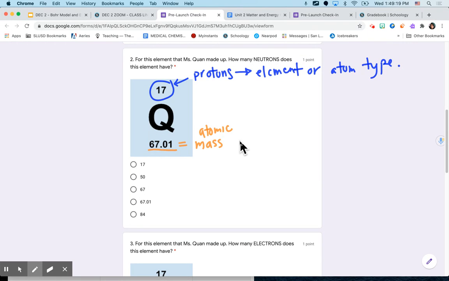And the mass of the atom is made up of two things added together: the number of protons and the number of neutrons. Let me clarify what I mean by that plus sign, because I just drew the symbol for protons and the symbol for neutrons.